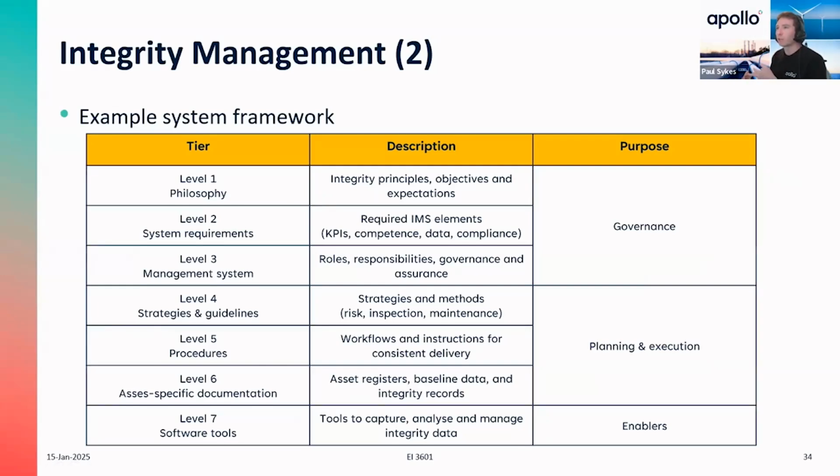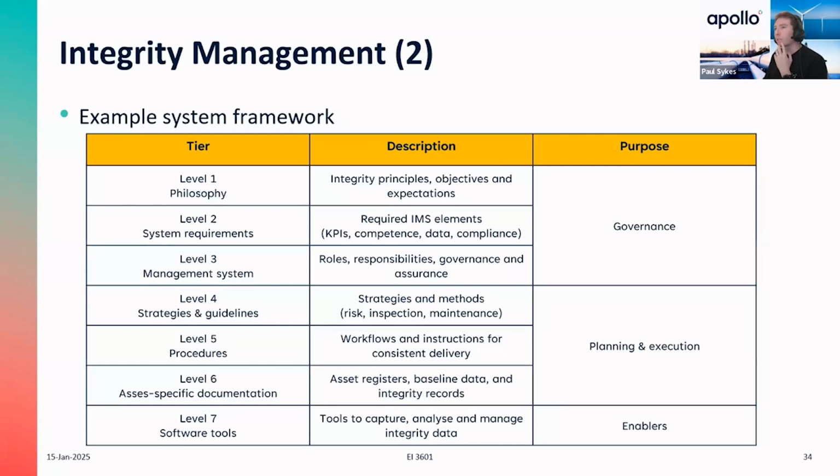This is where your strategies, guidelines, and procedures sit, covering areas like inspection, corrosion management, and anomaly management. At the bottom, levels 6 and 7 are the asset data, drawings, records, and the software tools that you use. Basically all the inputs and outputs that everything else relies on, because if those aren't right, the rest of the system will struggle.